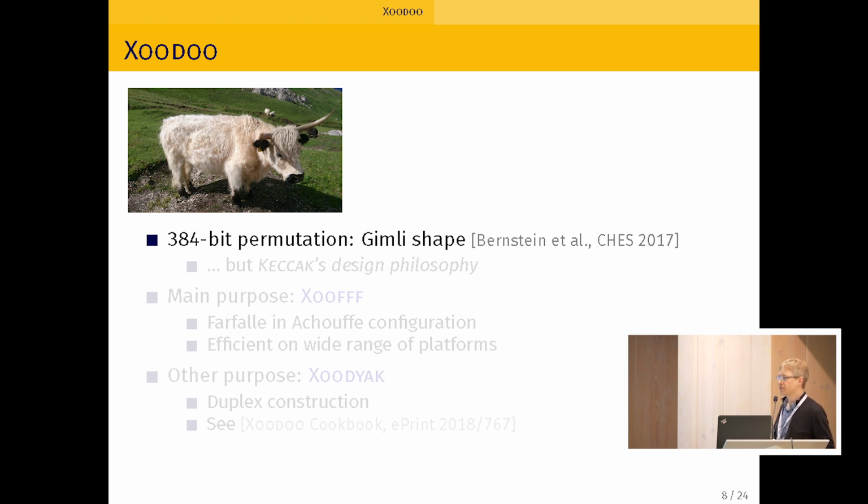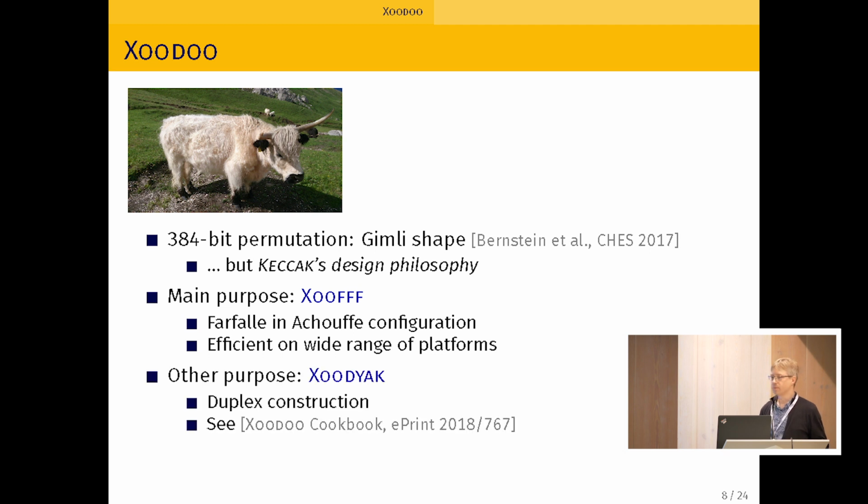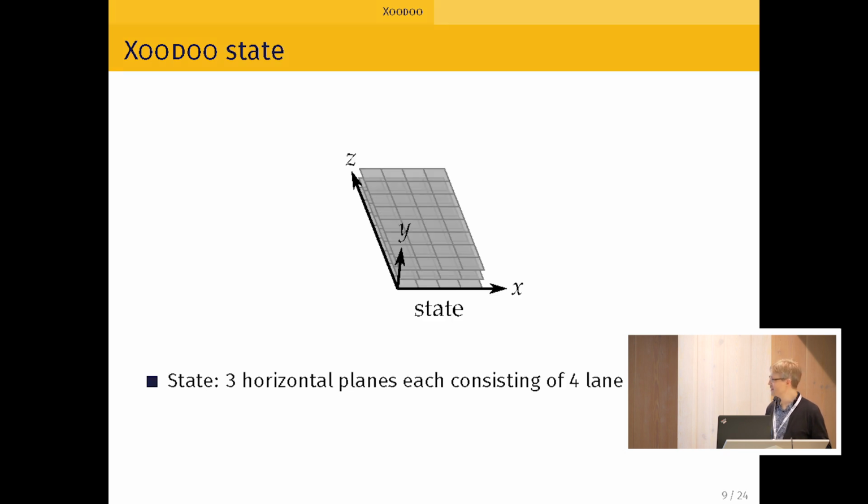We reuse that idea, but the round function itself is more inspired from Keccak components than anything else. Our main purpose is to plug this permutation into Farfalle, as I just explained, and the result is called Zoof. Another purpose is to plug it in the duplex construction. The result is called Zodiac. It's available in the Zoodoo cookbook, but that's not the purpose of this talk.